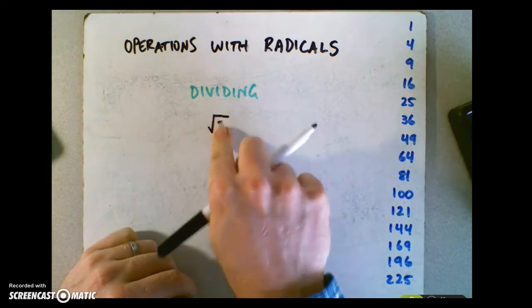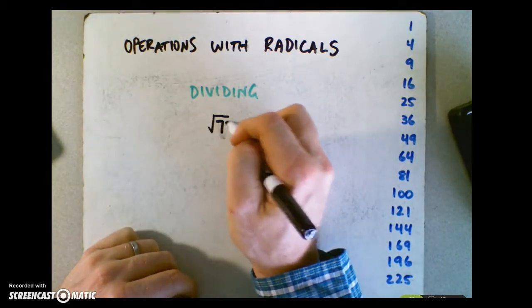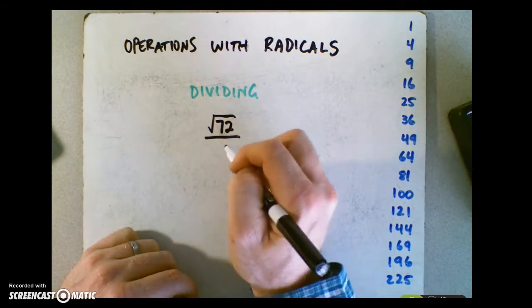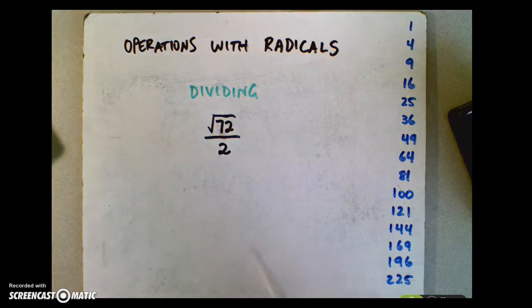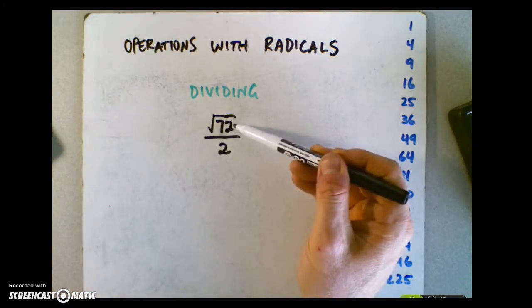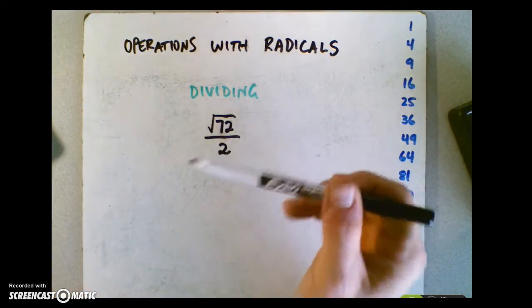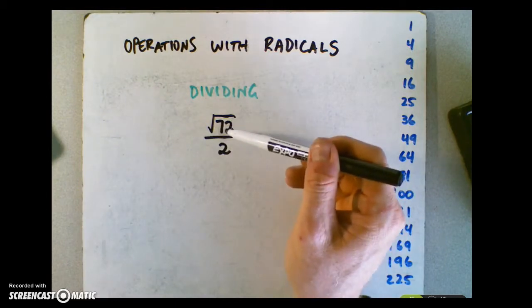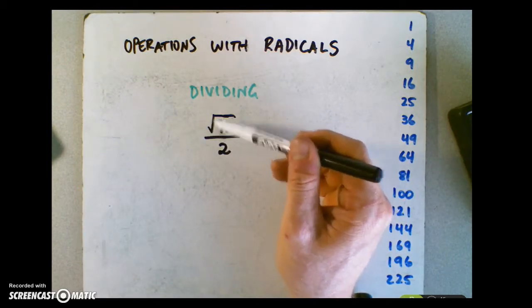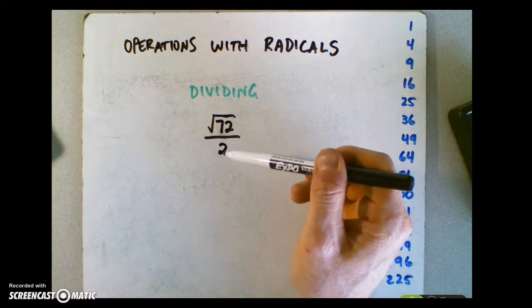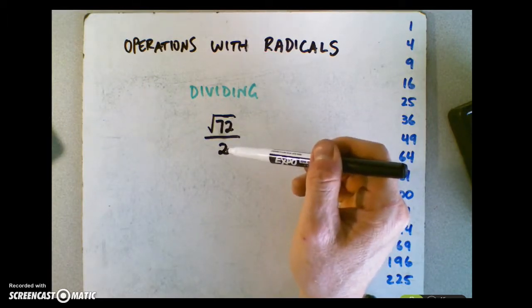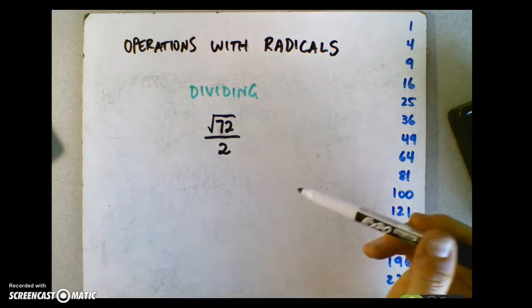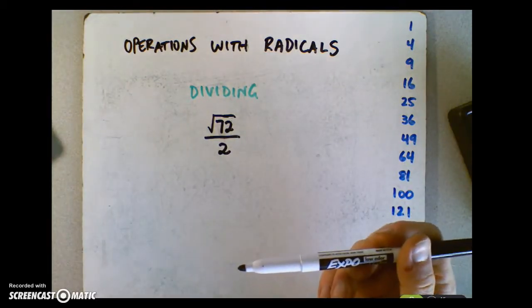Let's say you have radical 72 divided by 2. Here's what you can't do. You can't divide 72 by 2. And the reason why is you cannot divide something that's inside a radical with something that's not inside a radical. So you're not allowed to do 72 divided by 2 and get the square root of 36. Doesn't work that way.